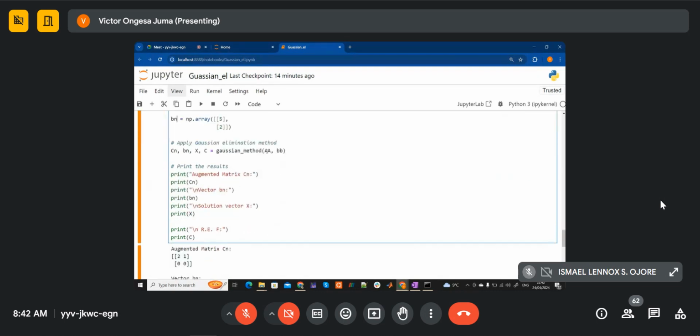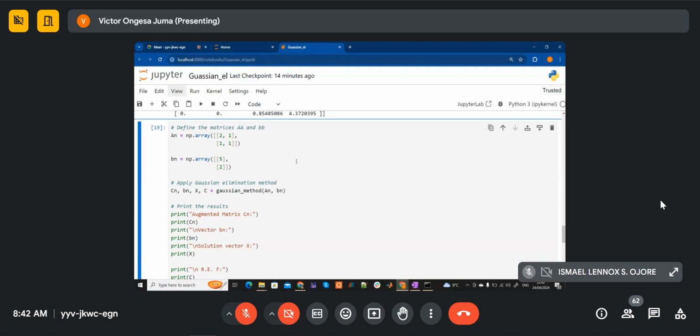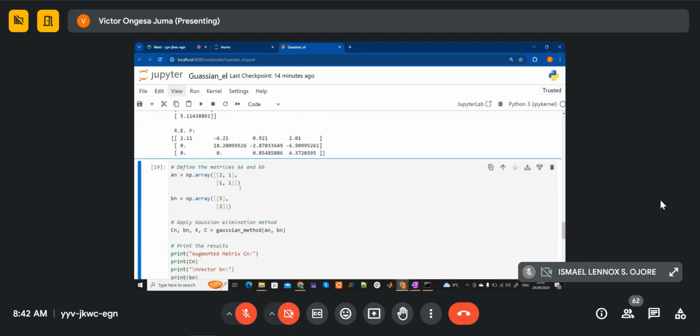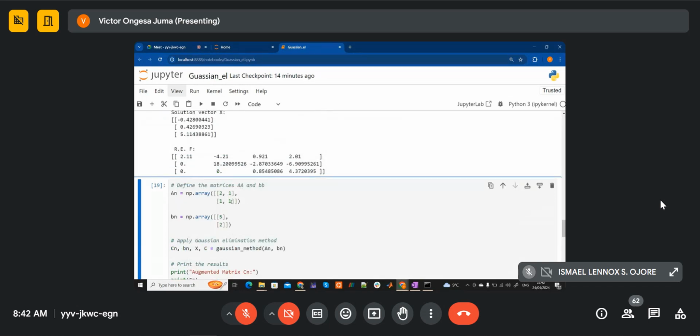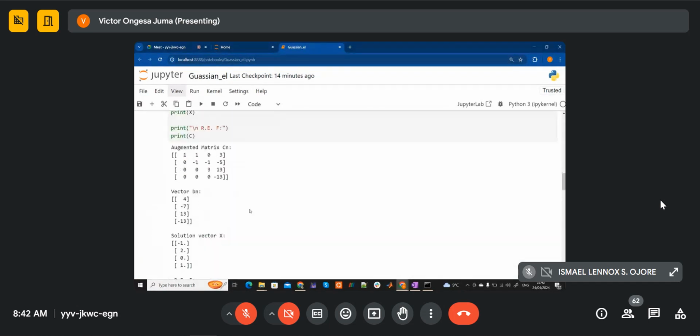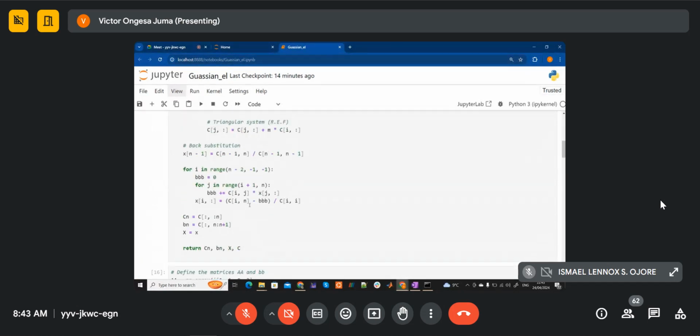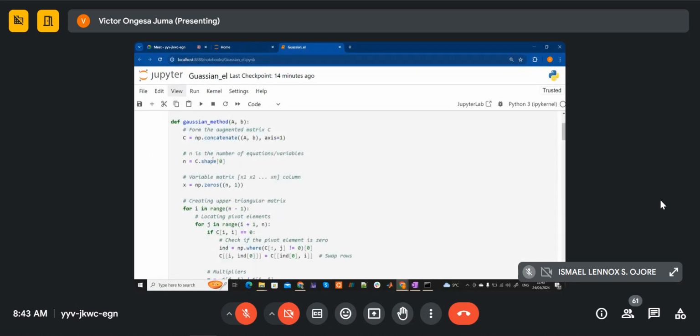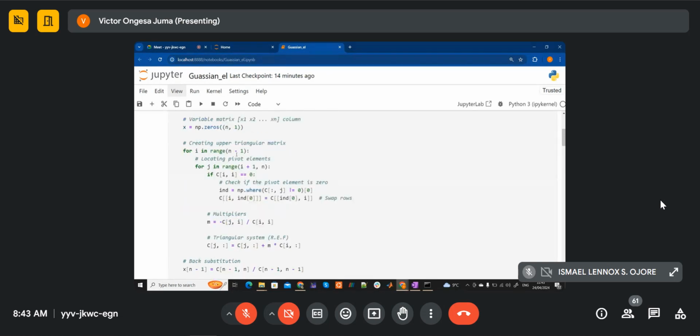Let me just change these values and then see what happens. So this is bn. Did we change anything somewhere? Let me see. The function takes this, checks the shape, gets these values, and then you are in the range.